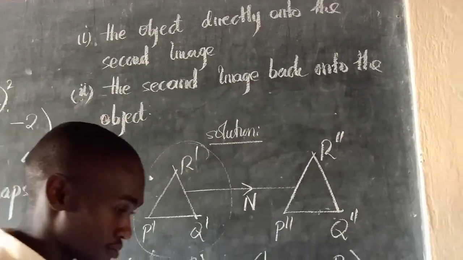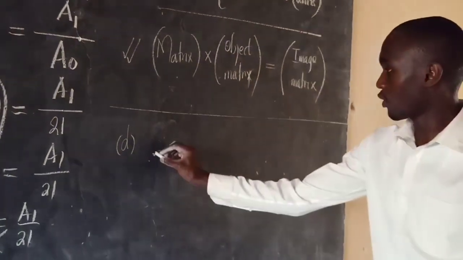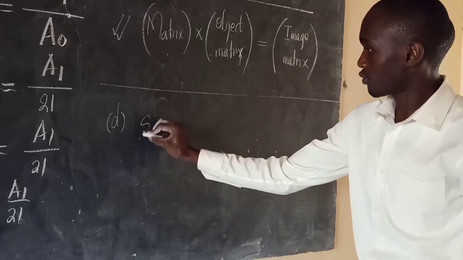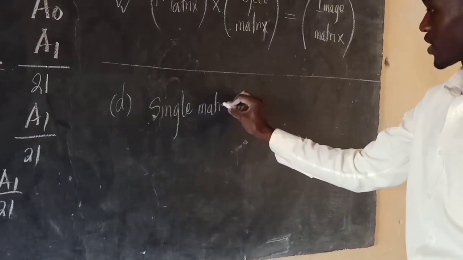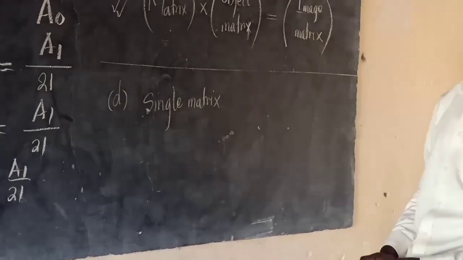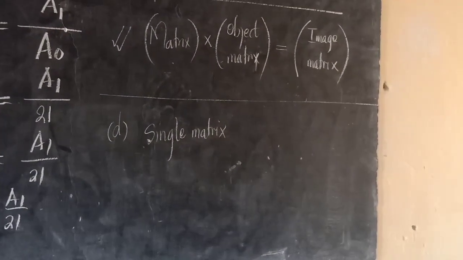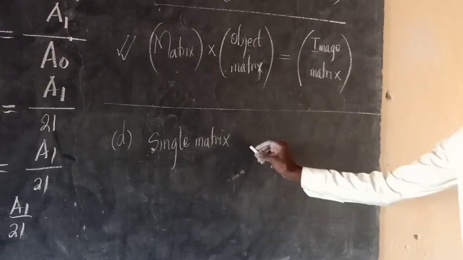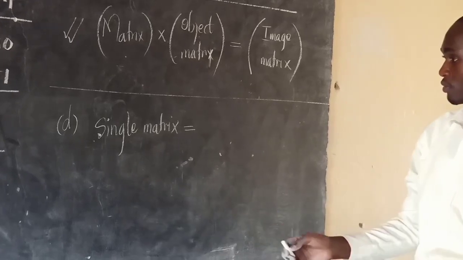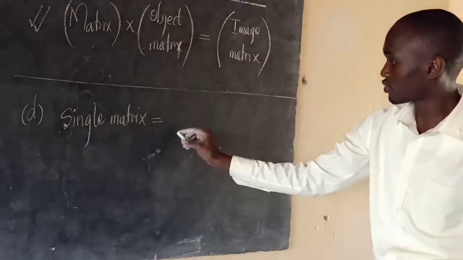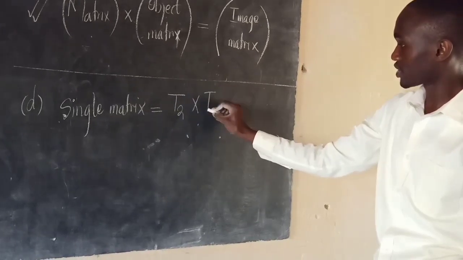Now, in that concept, that's when we employ our knowledge we have demonstrated, using, don't forget, my colleague Elizabeth and my sister, very good friend Lynn. They told us that the single matrix, remember, we got it together, is given by T2 times T1.